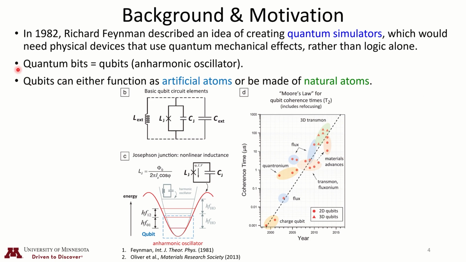Through experimentation, proposals, and using physics, it has been determined that we can create such an object called a qubit. As a physical device, it needs to be able to oscillate.